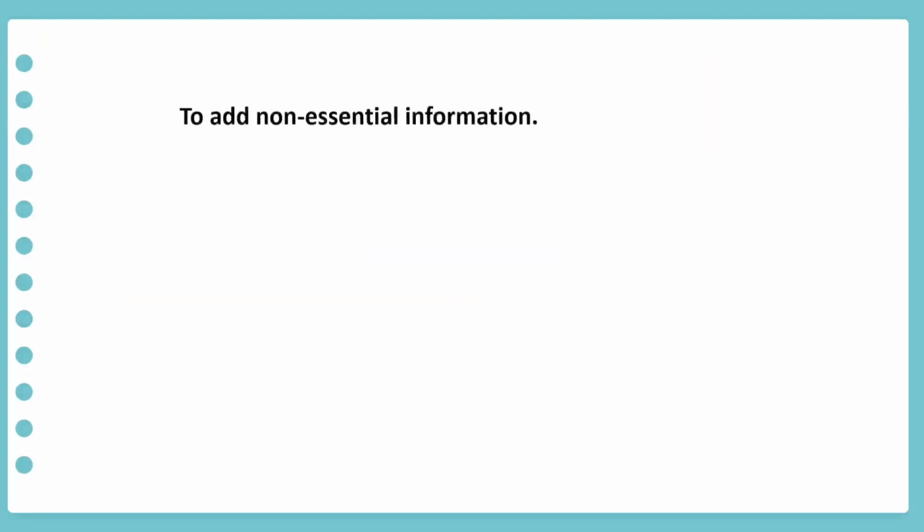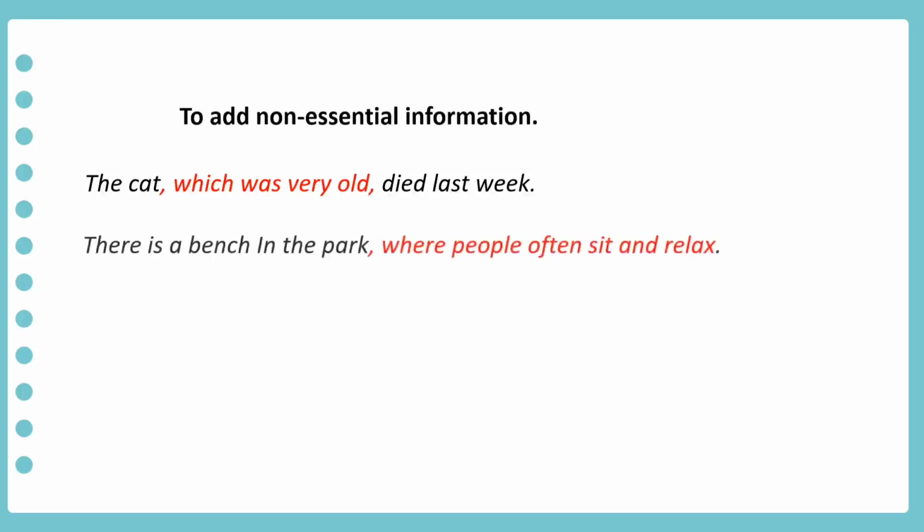Moreover, we use commas to add non-essential information to a sentence. For example, the cat, which was very old, died last week. There is a bench in the park, where people often sit and relax.